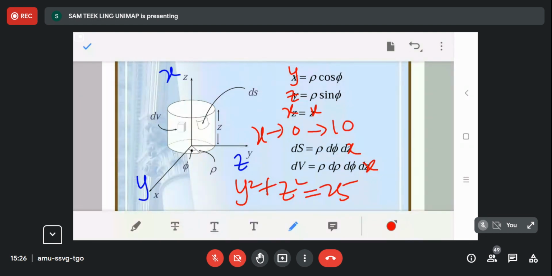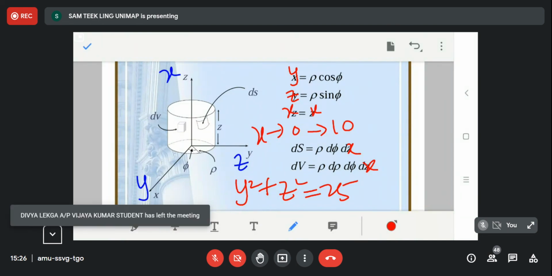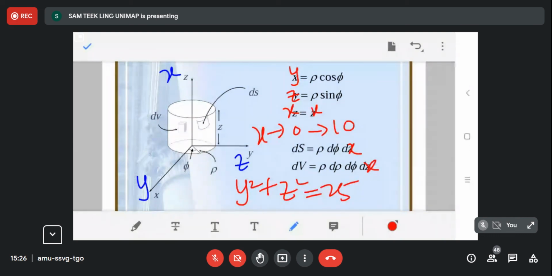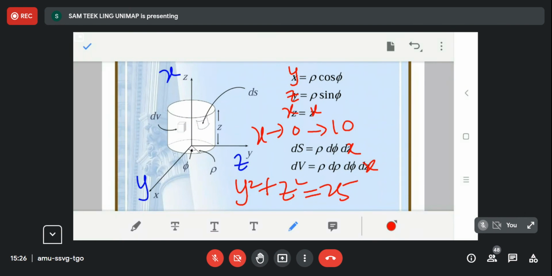This formula is because you rotate. All our usual questions have the circle X power 2 plus Y power 2. But for this exercise, Y power 2 plus Z power 2 is a circle.